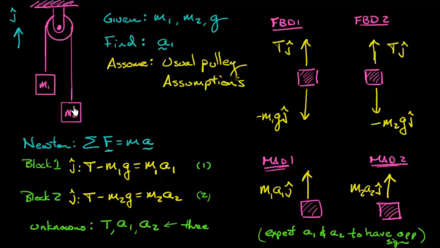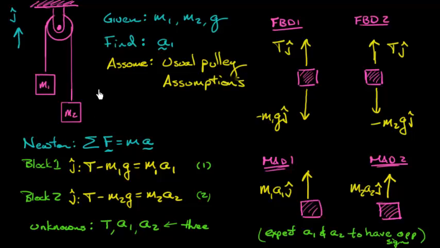That does not come from F equals ma, it just comes from the constraint. So let's suppose block number 1 moves up 10 centimeters in 1 second. So block number 1 would be going 10 centimeters per second, at least on average. Then block 2 must be going down at 10 centimeters per second, right? The exact same speed, opposite direction.